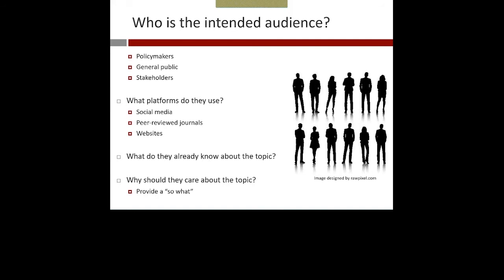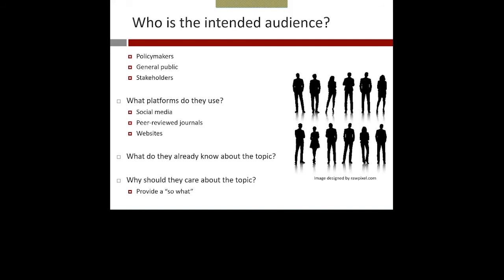For the public, social media is a great way to reach them. Obviously, for other academics and other stakeholders, they may read peer-reviewed journals, they may not. You can also think about websites, having your own website for your organization, or if there are other websites where you could share your information.